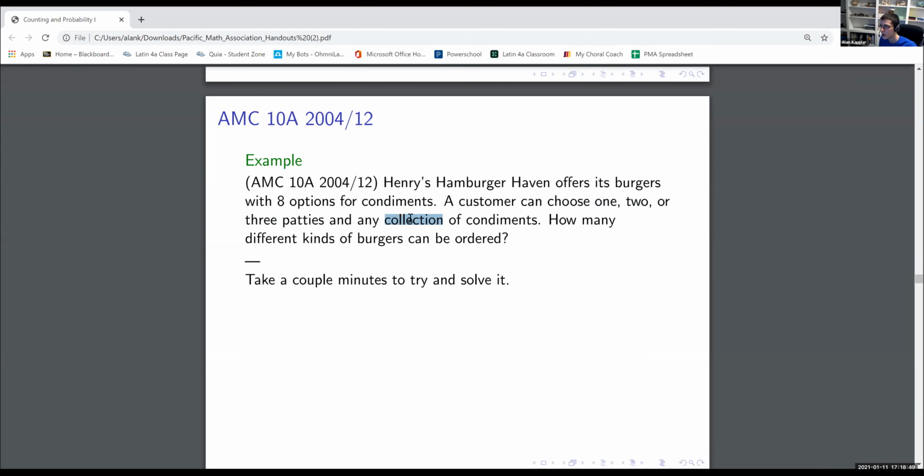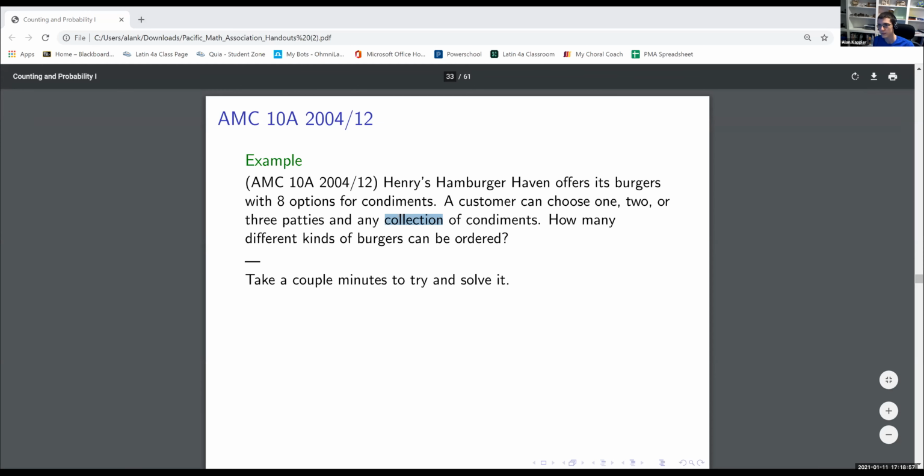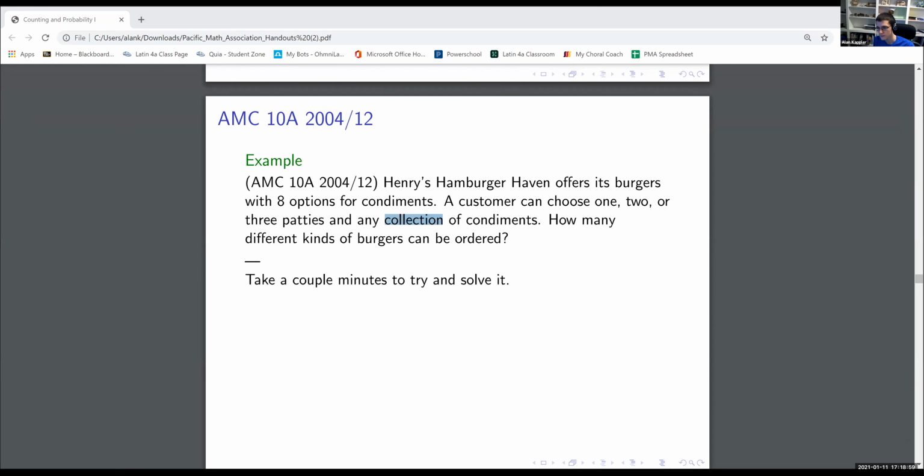So how many kinds of burgers can you have in total? Take a couple minutes for this, and message one of us hosts if you have the answer.